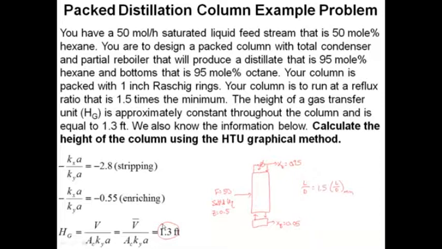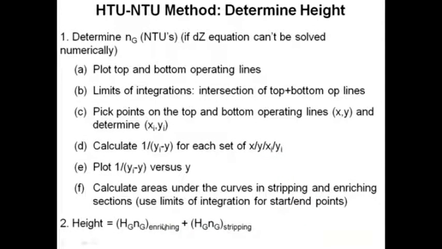Let's review what this method utilizes. So the first step is to determine NG, or the NTUs. And so first we will plot the top and bottom operating lines. Then we'll determine the limits of integration from these lines. Step C is we will pick points on the top and the bottom operating lines to determine Xi, Yi.